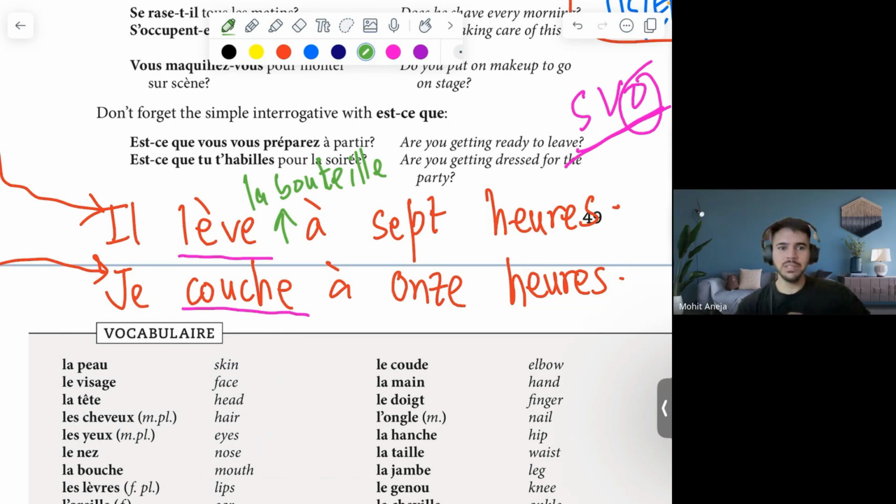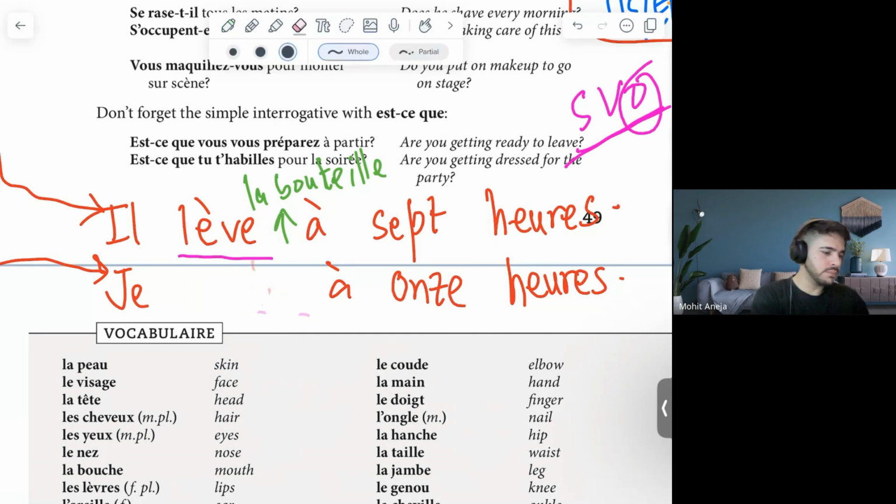The coucher verb is a little weird. I won't put it as je couche. I honestly do not know what it means to sleep someone else, so I won't use this here. Maybe something else.